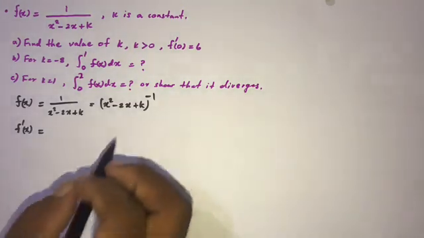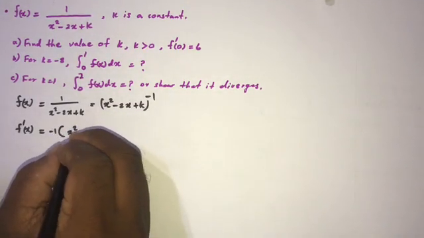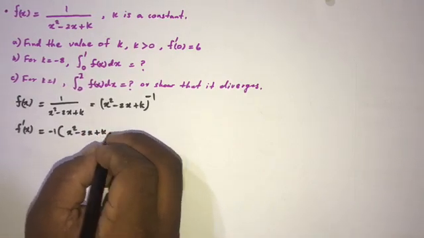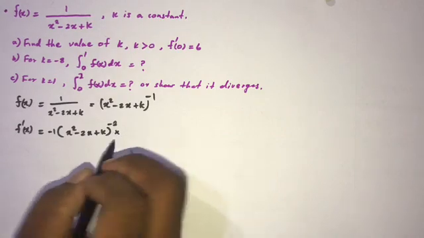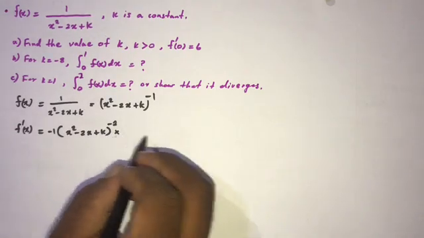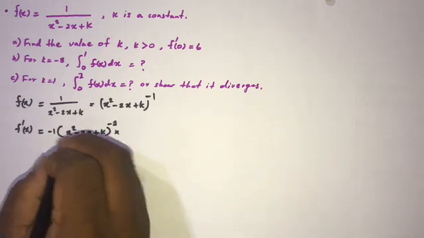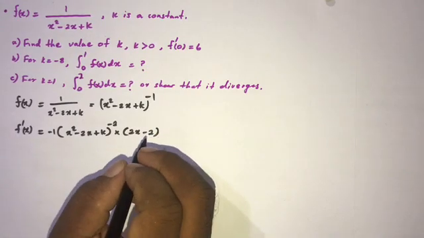Now we can apply the power rule. So minus 1 times x squared minus 2 times x plus k raised to minus 2. Now according to the chain rule we should multiply by the derivative of the inner function. So the derivative of x squared minus 2 times x is 2x minus 2.